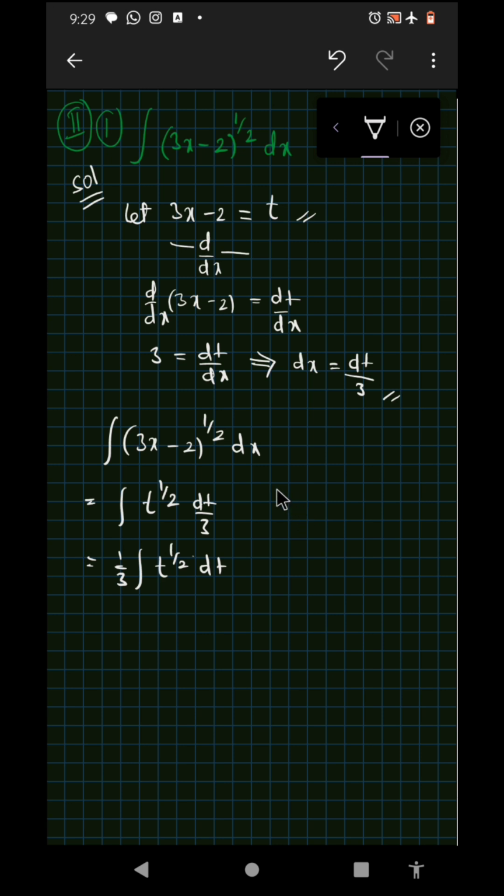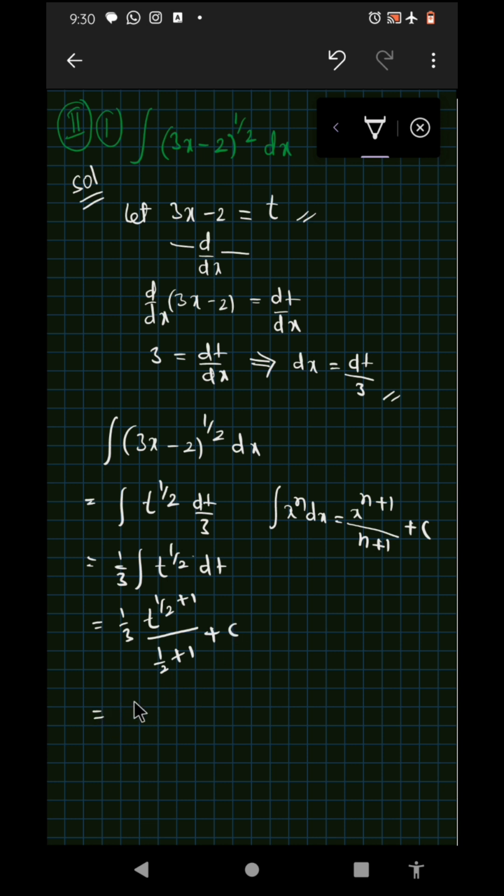In the form of integration of x power n dx is equal to x power n plus 1 by n plus 1 plus c, here we get 1 by 3 t power 1 by 2 plus 1 by 2 plus 1 plus c.